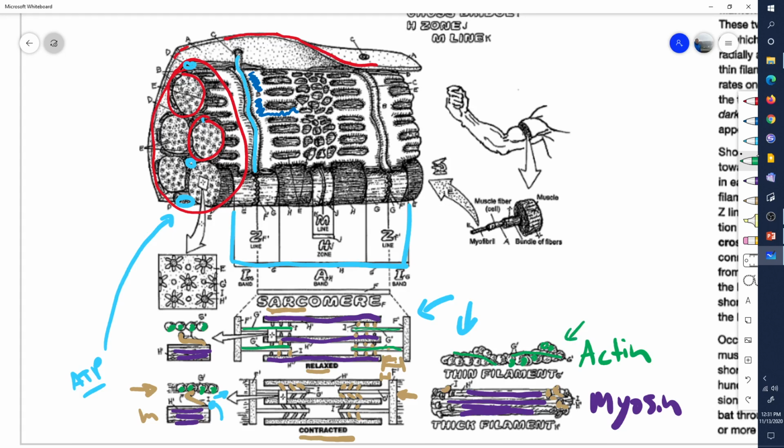This is a drawing of that. The actin fibers are these lighter colored fibers in between here. These are actin fibers here. And the darker shades are the myosin. So you can see how this is the myosin here.